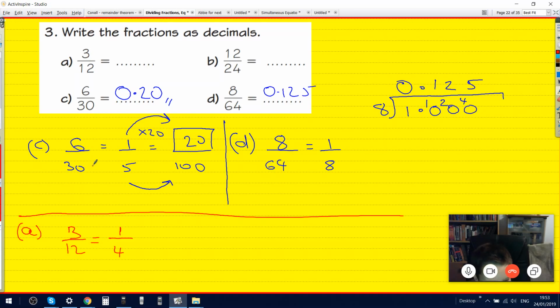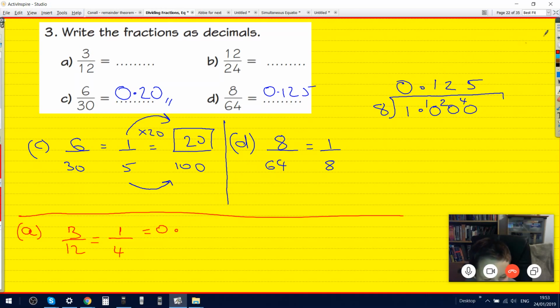I think the decimal is 0.1. No, wait, not 4. 0.2?